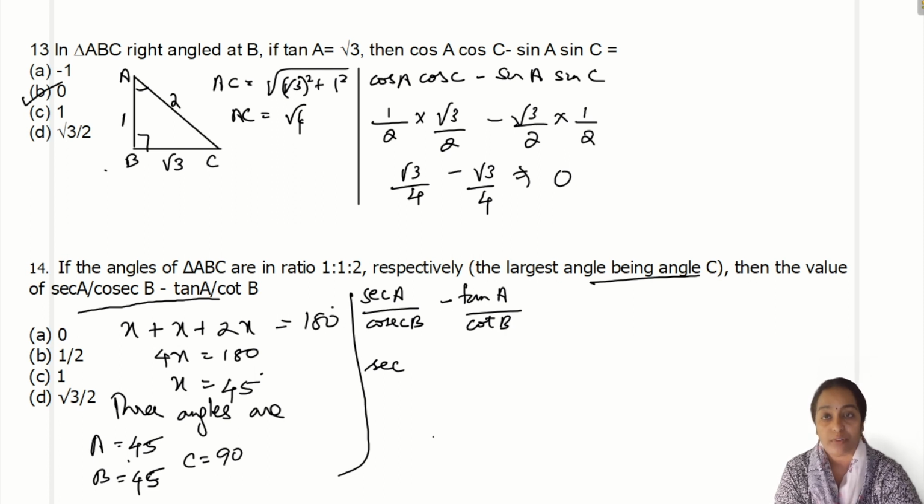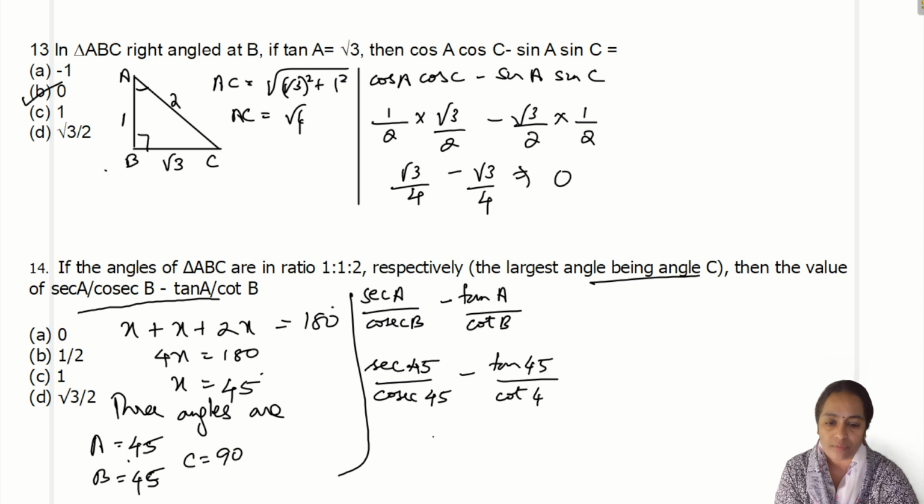We already found angles A and B to be 45 and angle C is 90 degrees. So secant 45 divided by cosecant 45 minus tan 45 divided by cot 45. Let's substitute the values and find here.